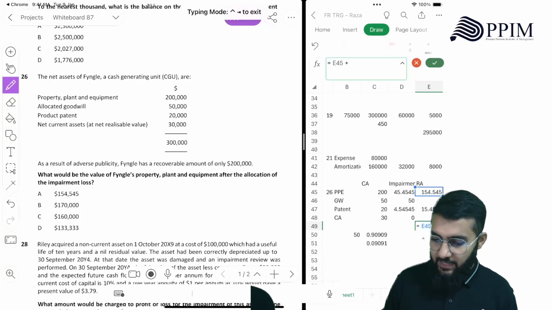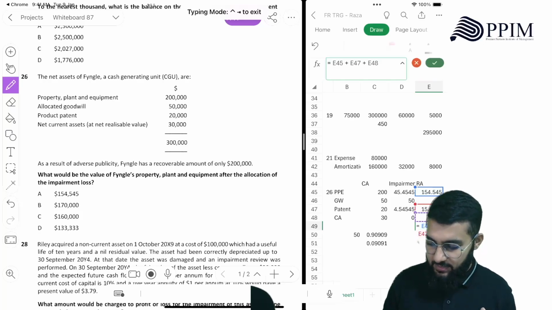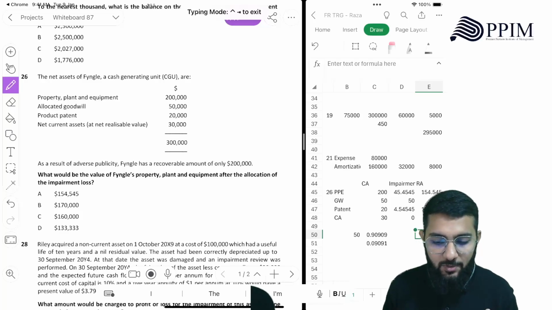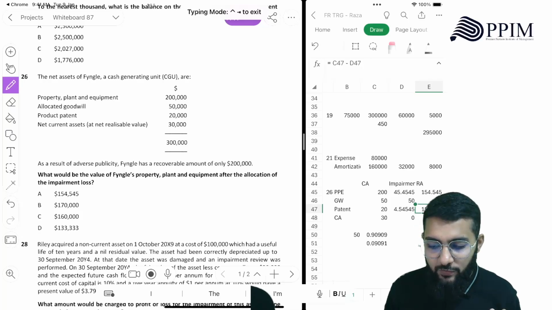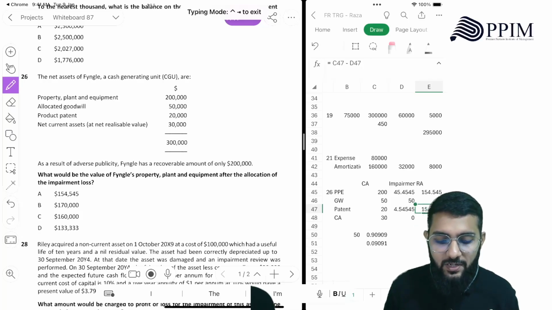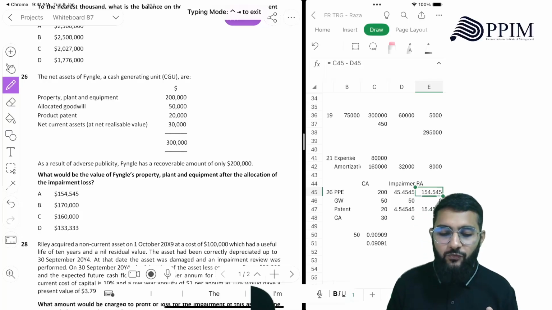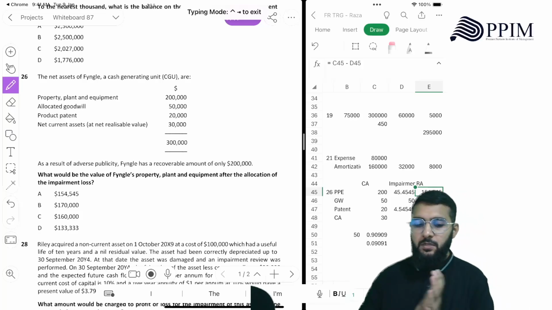Equals this plus this plus this, 200 recoverable amount matching. If they asked you the value of the patent, 15,455. They are asking property, so it's going to be 154,545. Option A. Is that clear?